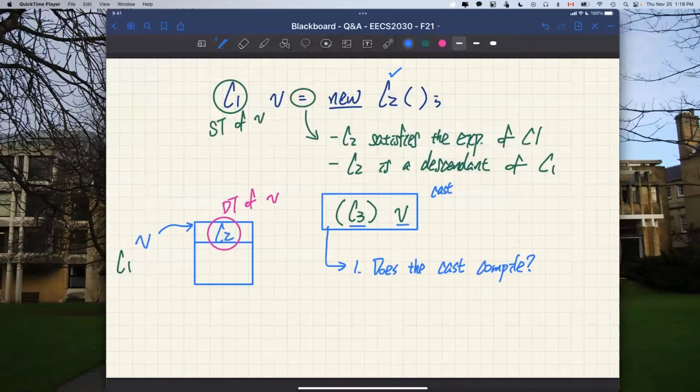You should know very well the way to judge it is to make sure it's either an upward casting or downward casting.